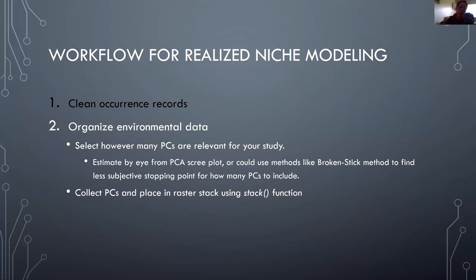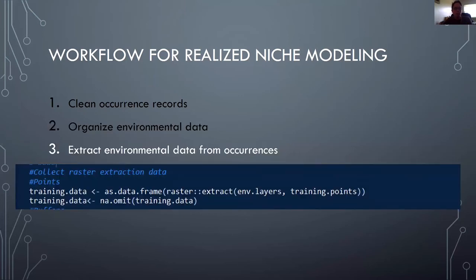And then you're going to be taking your principal components and placing them in a raster stack. Of course, that's not going to be a problem, because if you did your PCA correctly, they're all going to be within the same extent and grain anyway, so that'll be good. And you're going to be extracting data using this framework.